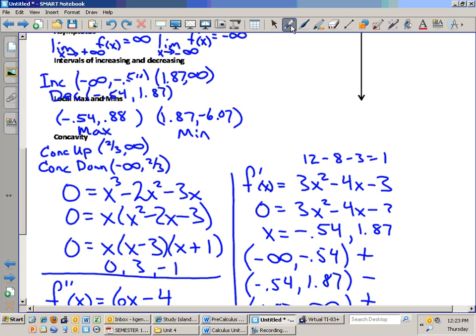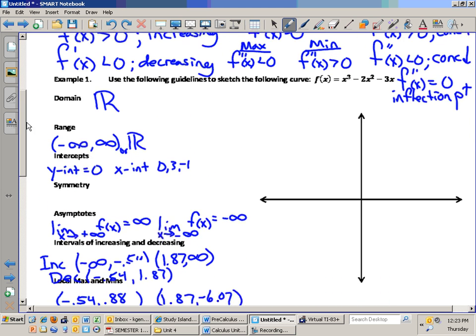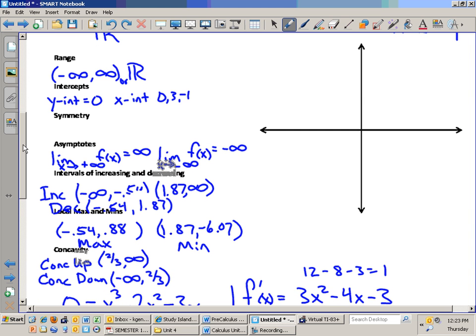We're ready to sketch the graph. As you look at my x values, I need to plot from negative 3 to positive 3. I have zeros at negative 1, at 0, and at positive 3. Those are points that my graph goes through.